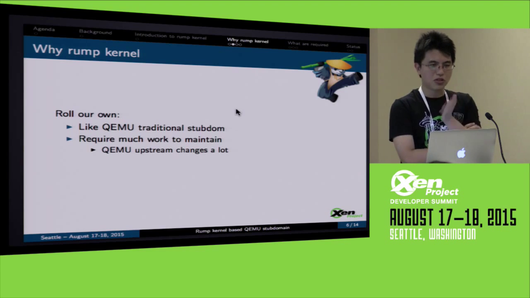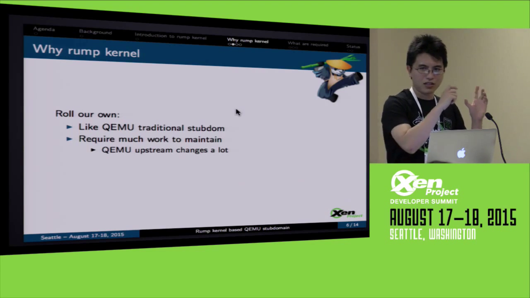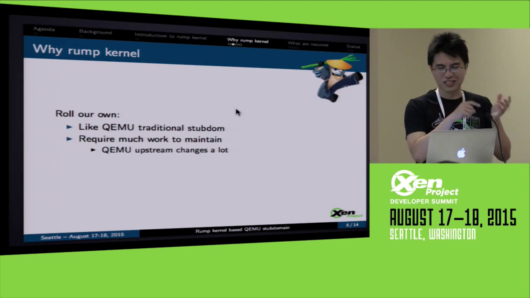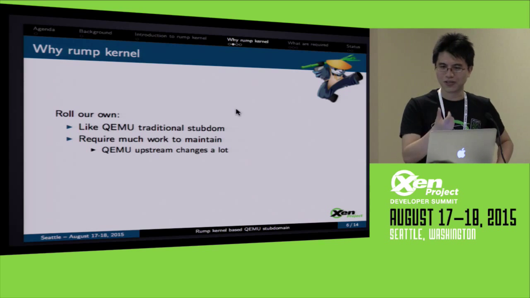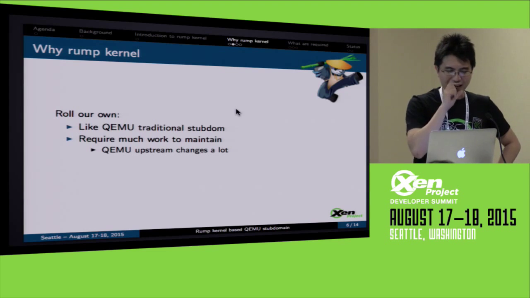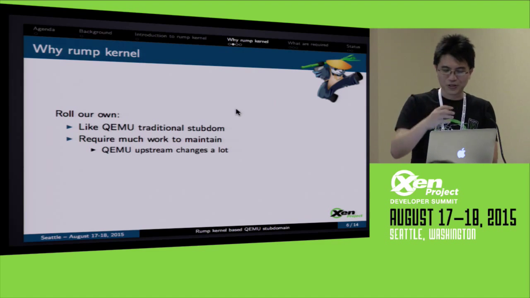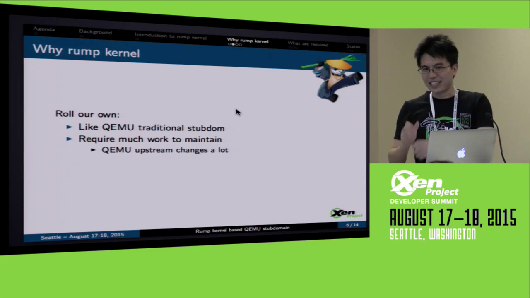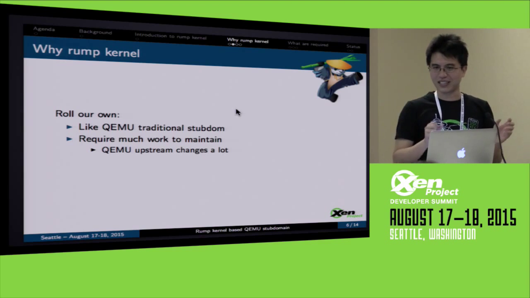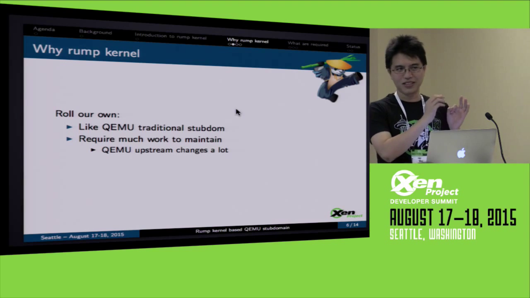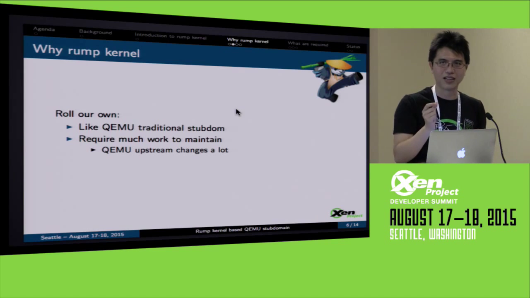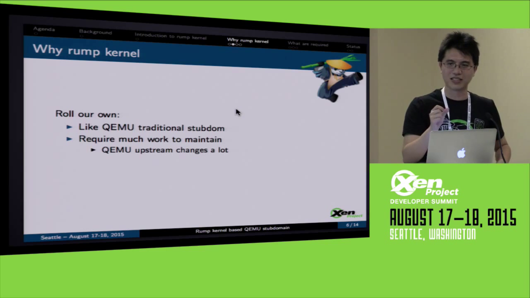In QEMU traditional Stubdom, we basically took mini-OS, which was designed to be a minimum PV guest for demonstration and teaching purposes, and put a libc on top of it, and then added a bunch of hacks to provide some POSIX interfaces, like some API calls and some pseudo devices like the tap interface.